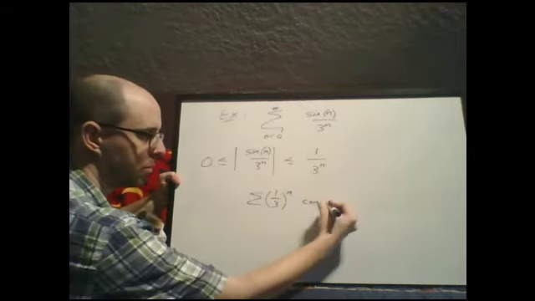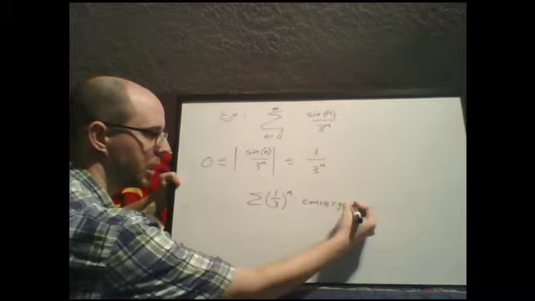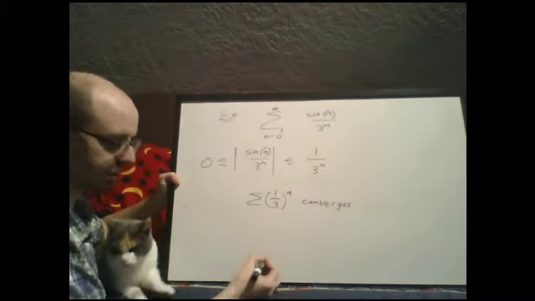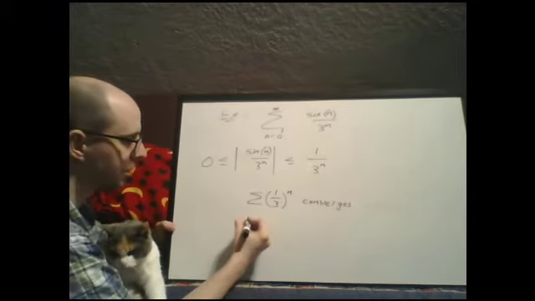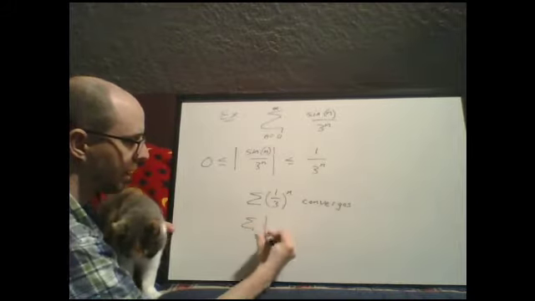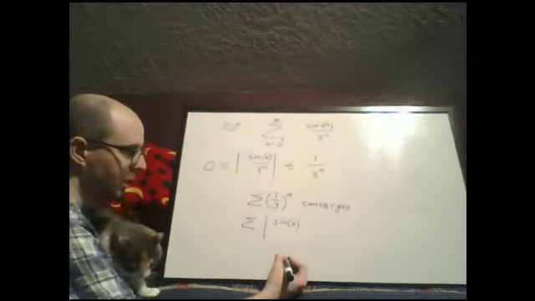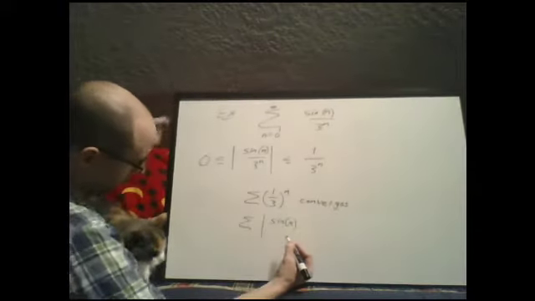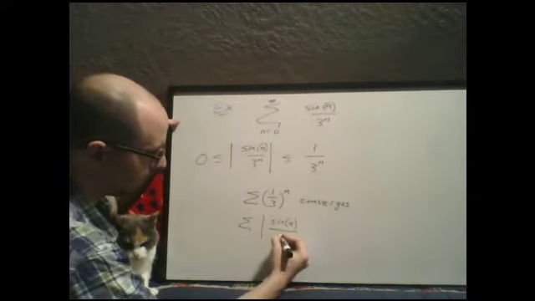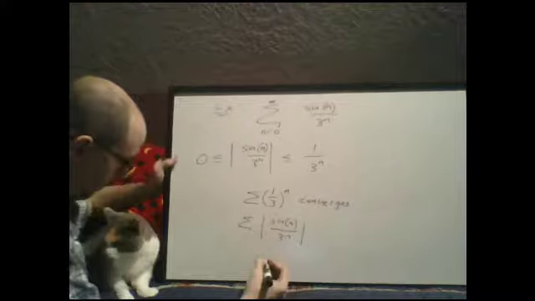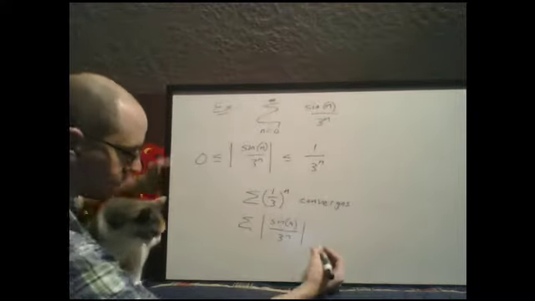So the summation of 1 over 3 to the n, that converges. That tells me that if I add up these absolute values, that series converges.